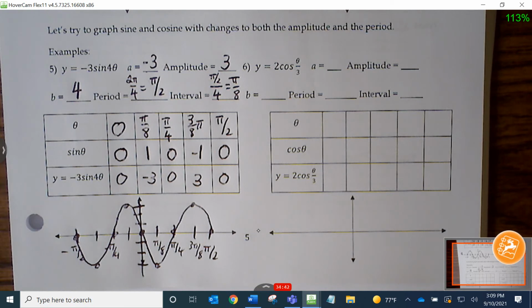Once you find a new period, adjust that period so that you can break it into the correct subintervals. Build your original y values from your cosine, and then you can use that to help you find your new y values depending on the amplitude of the problem. Sketch your graph like before. Okay, I'll come around and see if you guys need any help.